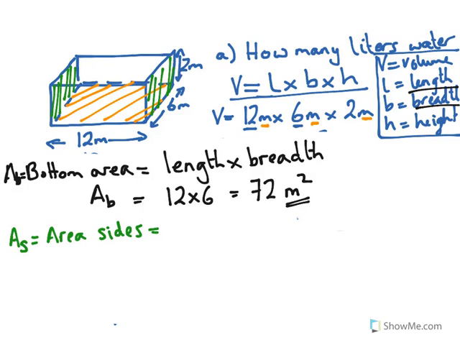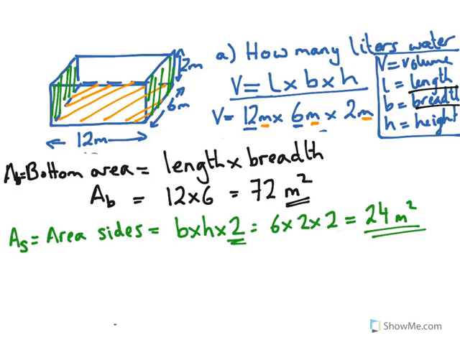That will equal the breadth multiplied by the height, multiplied by 2, because we have 2 of them. The breadth is 6, and the height is 2, and we multiply by 2 because we have 2 of them. 6 fours are 24. So the area of the short sides of the pool will be 24, and our units will be meter times meter, meter squared.